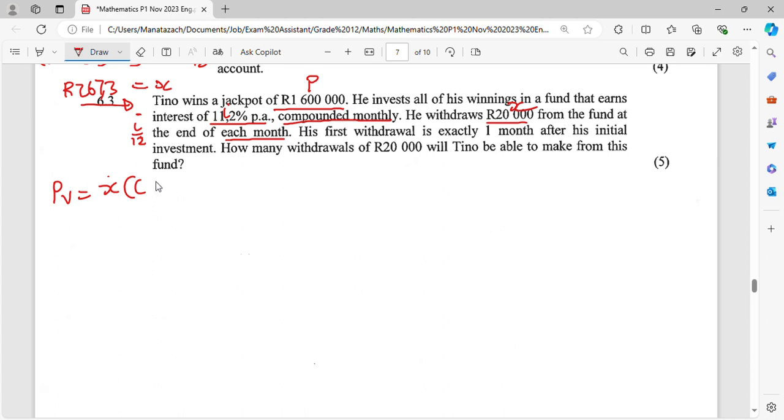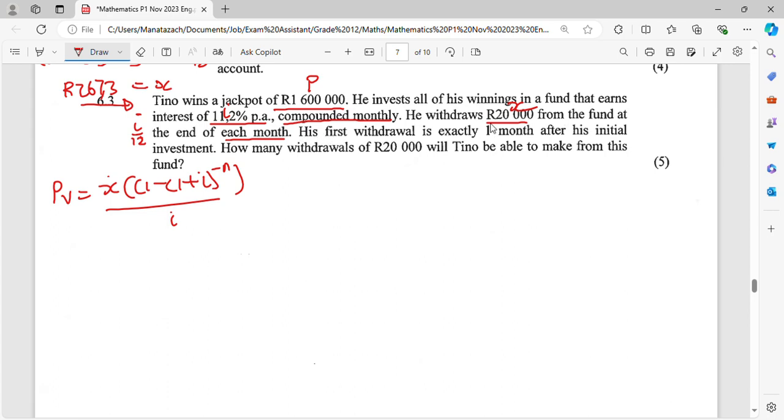Then you open the bracket, then you say 1 minus, open the bracket again, 1 plus i to the power minus n, divided by i. So this is the formula that you must bear in mind reading this question. Okay, let's continue with the question.